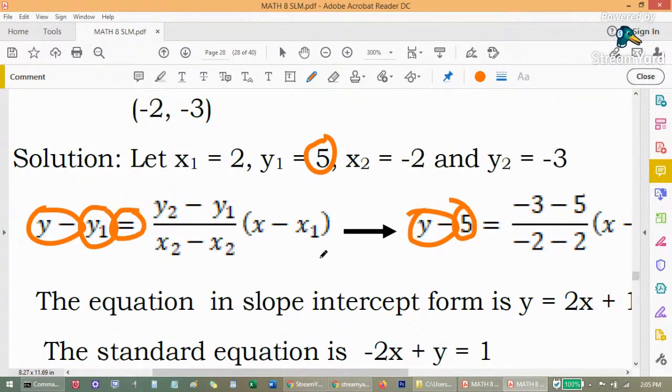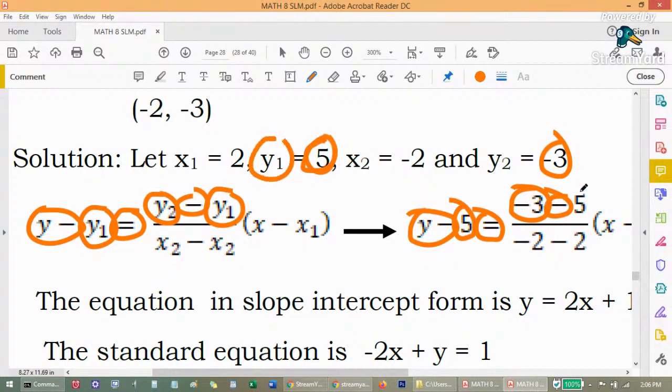Okay, then equals. And then itong y2 na to, papalitan natin ng negative 3. Minus. Itong y sub 1 na to, ay papalitan natin ng 5. Okay, yan ang y sub 1 natin eh. So, merong 5 doon.